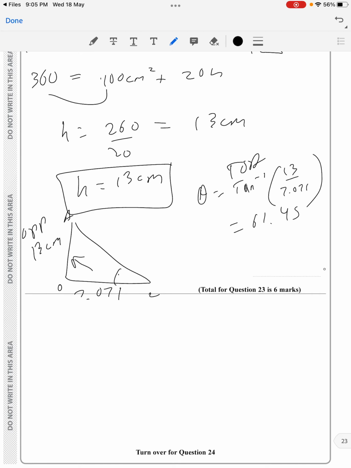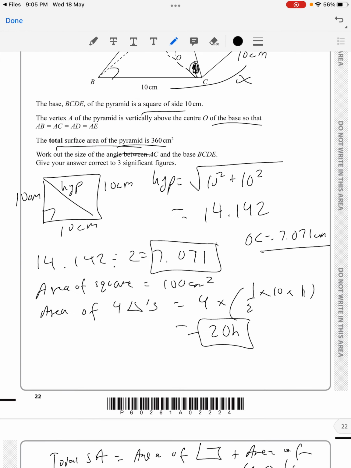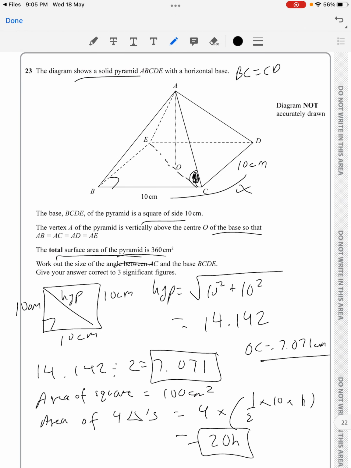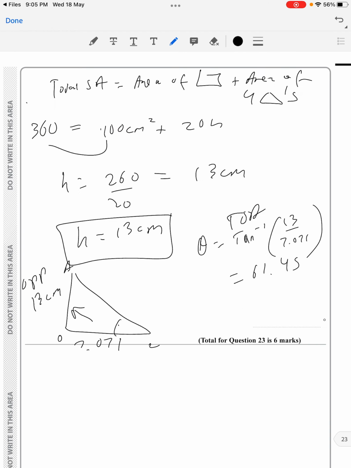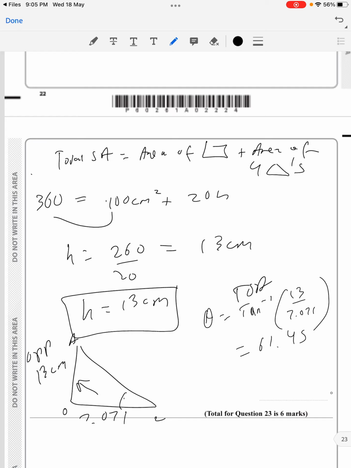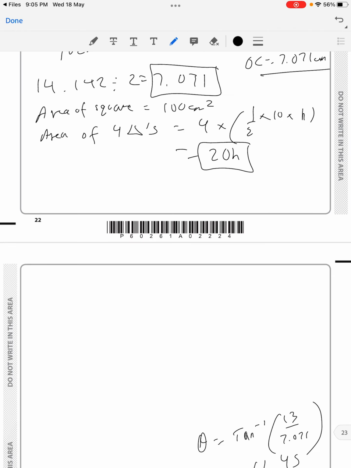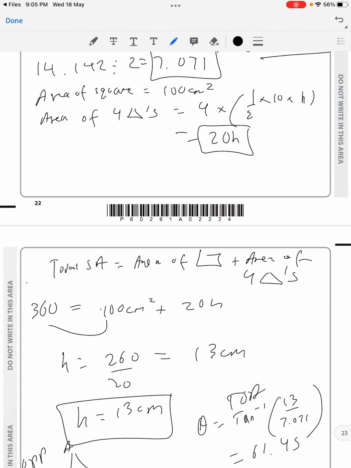That is based on the assumption from looking at it. OC is the base, and have we found the height?